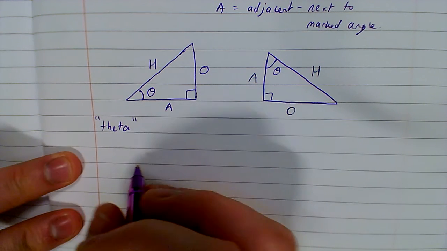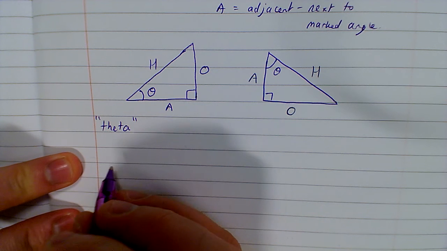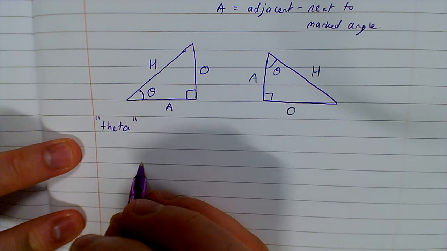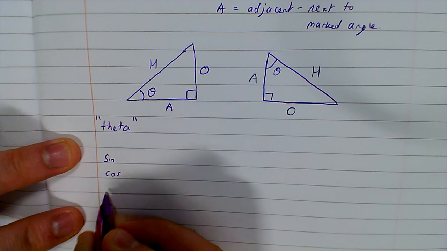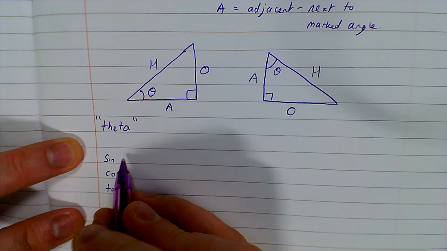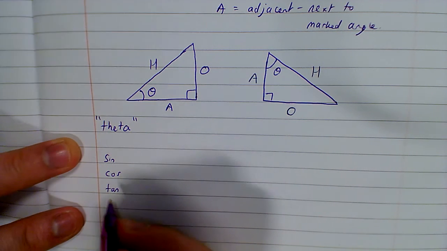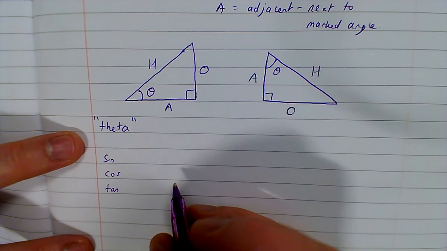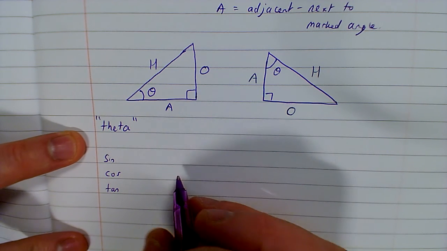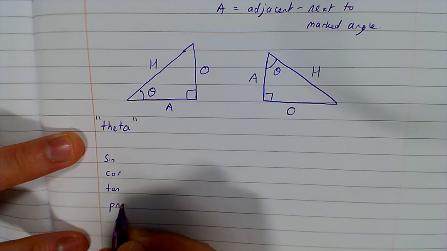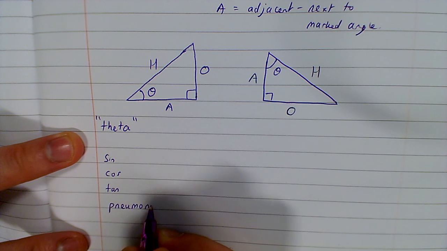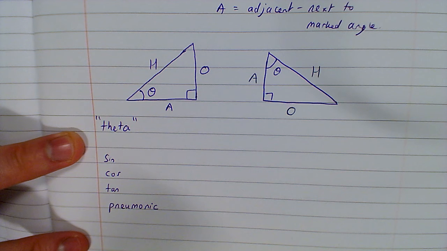Now, let's have a look at our 3 trigonometric ratios, which are sin, cos and tan, which is short for sine, cosine and tangent. Now, the mnemonic that we use varies depending on personal choice.